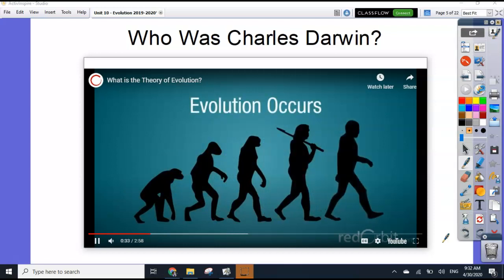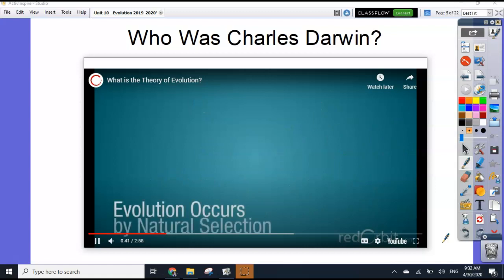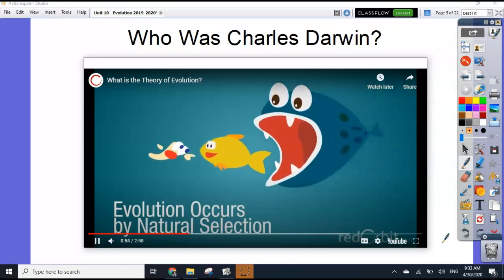In other words, organisms change over time, and life on Earth has changed as descendants diverged from common ancestors in the past. The second idea from Mr. Darwin is that evolution occurs by natural selection. Natural selection is the process in which living things with beneficial traits produce more offspring than others. This results in changes in the traits of living things over time.